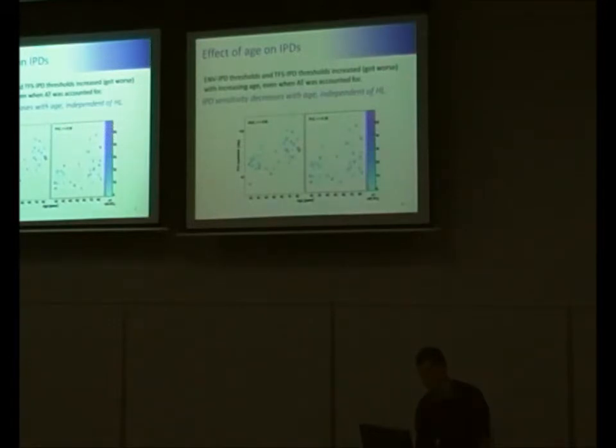So that means that they're getting progressively less sensitive to envelope IPDs as they get older. And something similar is seen in the temporal fine structure, which is a bit more scattered. Again, basically age seems to reduce your ability to determine interaural phase differences, which is consistent with the previous research.